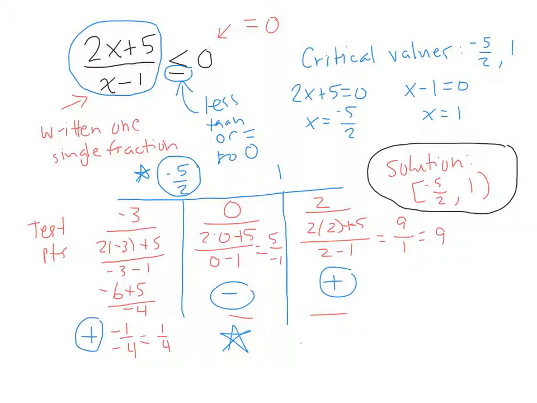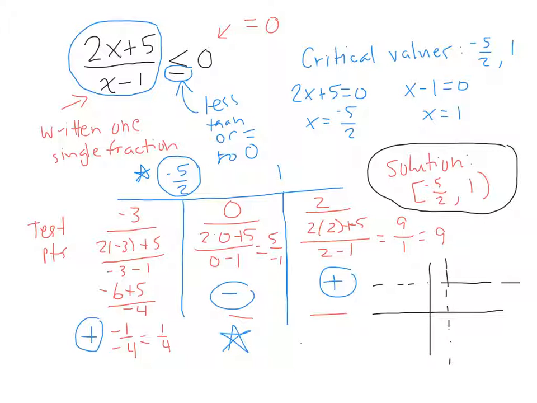Now, if we take a quick look at what this graph might look like, we can use our asymptotes to give us a hint. For a vertical asymptote, we would be at x equals 1, so we'll have an asymptote here. And for a horizontal asymptote, we'll be at 2 over 1, somewhere up here.